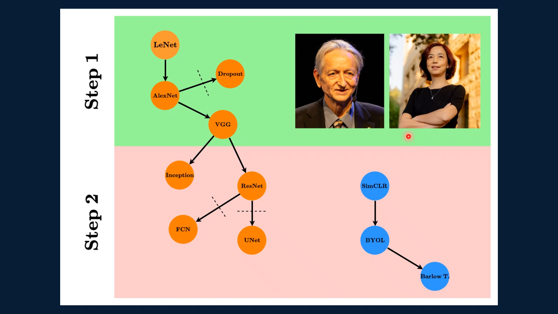This created a level playing field for computer vision scientists across the globe to train their models and compare the results. AlexNet was the first architecture to win this ImageNet classification challenge, and the main idea was to use deeper convolutional neural networks and implement them on GPUs.